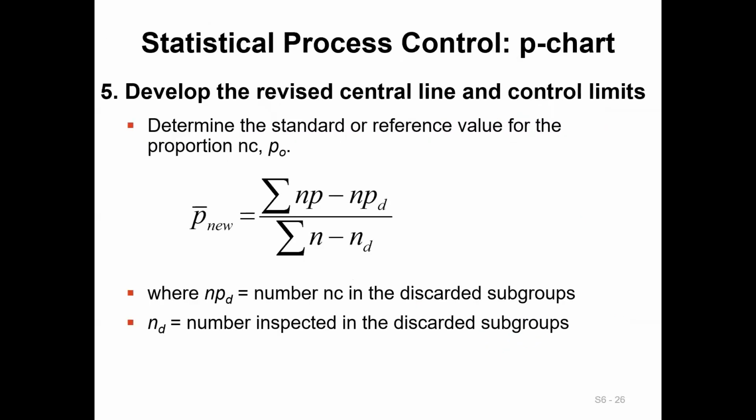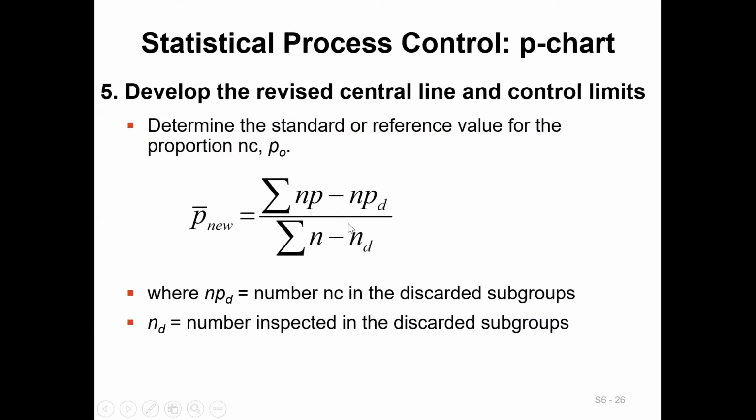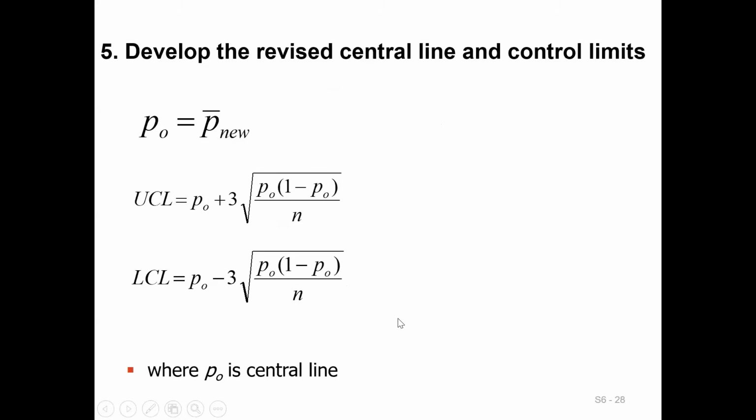To remove this point is very straightforward. You need to find a new center line for the P chart, and the new center line is calculated by removing the point that is beyond the upper control limit. In this case, you're going to remove point number 19. Point number 19 means the NP is 16, so you minus 16 from the total.